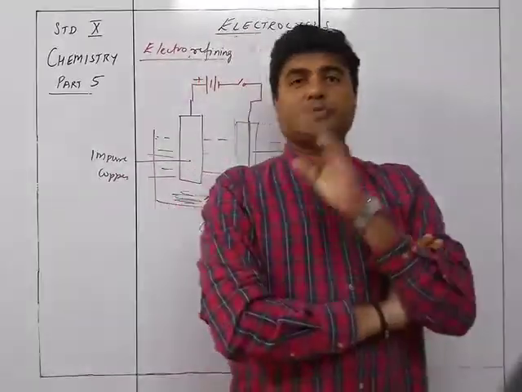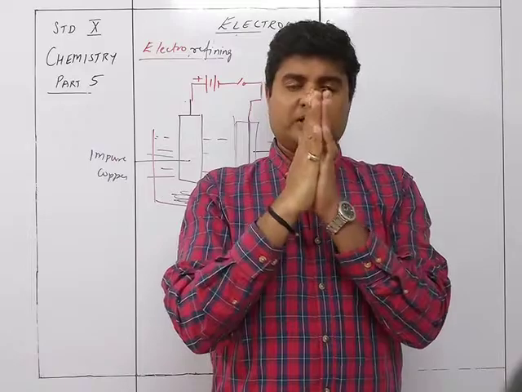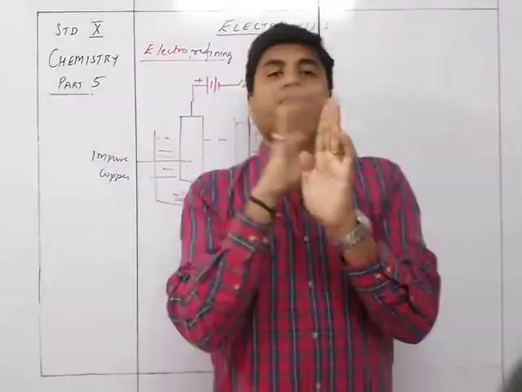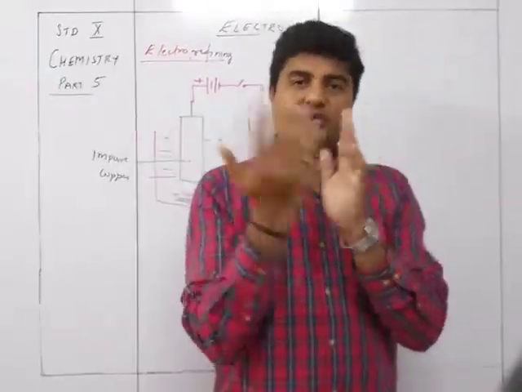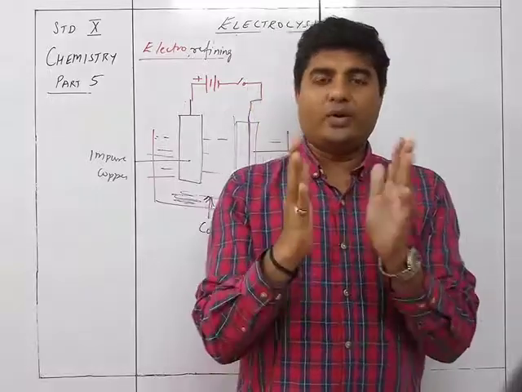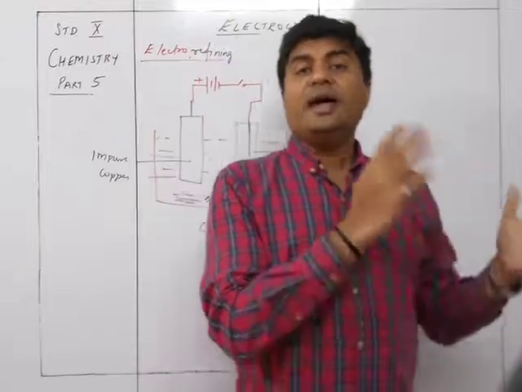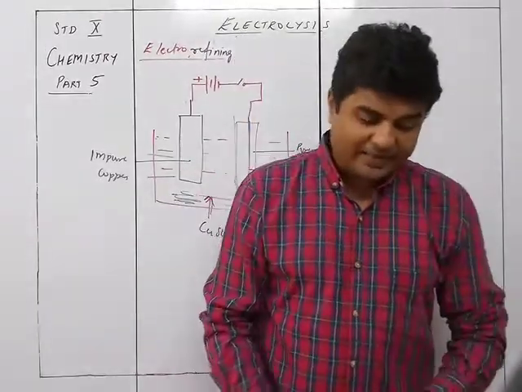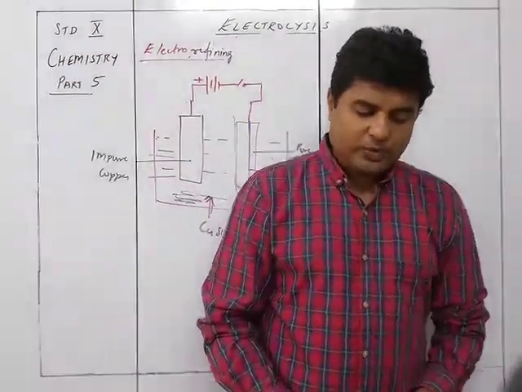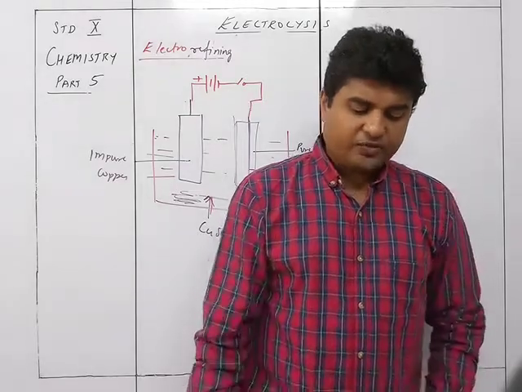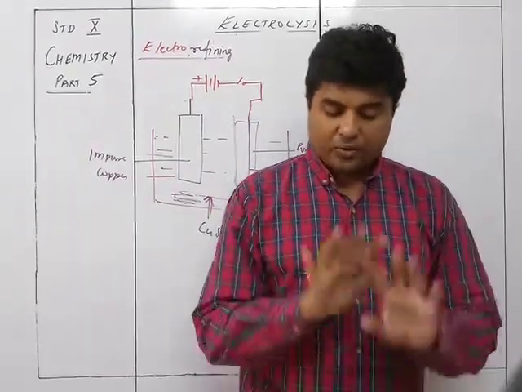So on the thin sheet of pure copper, pure copper will keep getting coated, and that's why the size of the cathode is going to keep on increasing, and the size of the anode will keep on decreasing, because what happens at the anode is Cu minus 2e- gives Cu2+. So SO4 2- and OH- migrate to the anode, but there is no discharge.